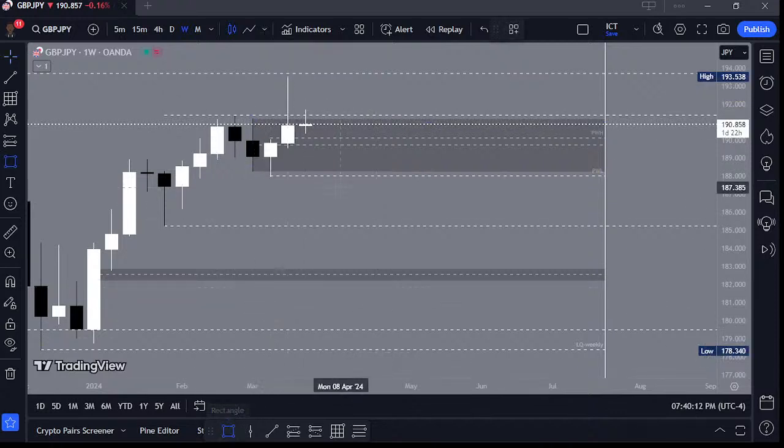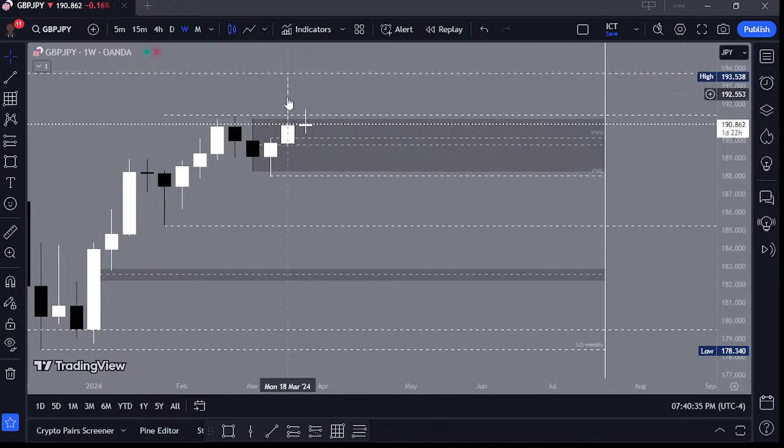Why? As you can see, there is a lot of rejection here. There is a wick, that means rejection. Technically, this candle is called a respective candle, where it respects some area. This candle respects liquidity above it.